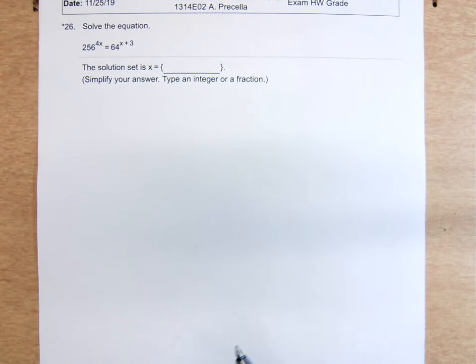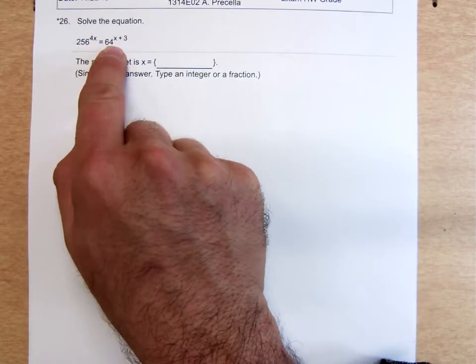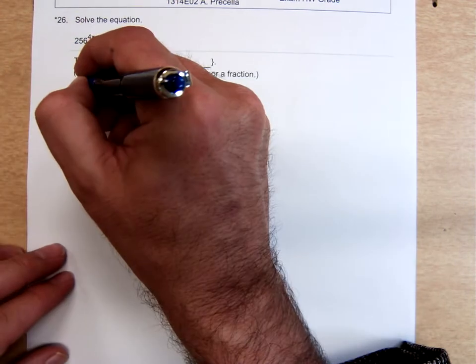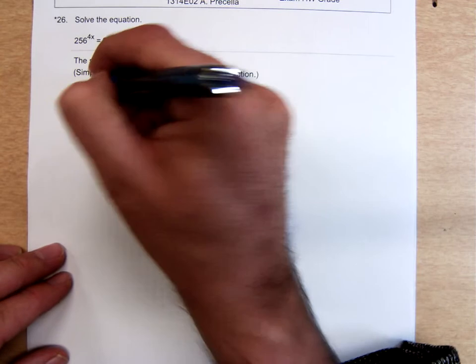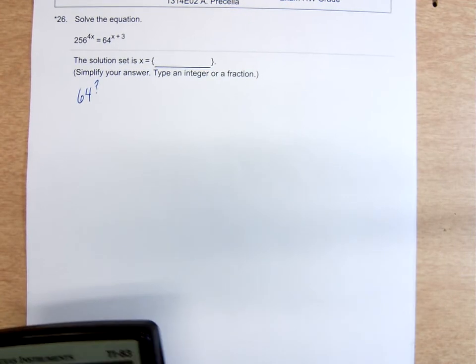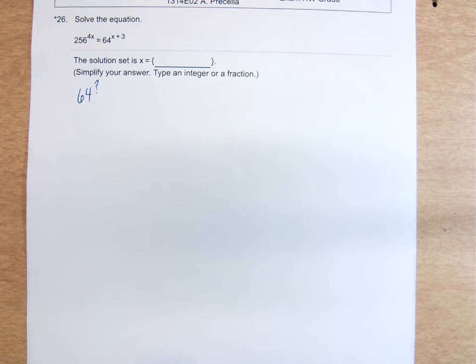My natural thought is, okay, can I rewrite the 256 as 64 to a power? And the answer to that is no. 64 squared is not going to give you 256. Okay, so let's look at the smaller base.